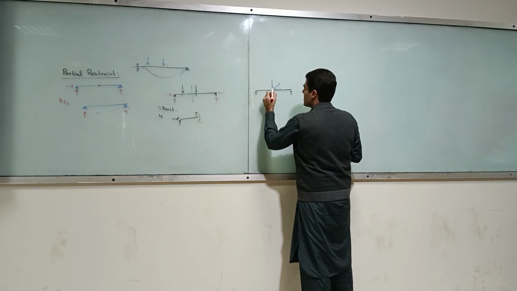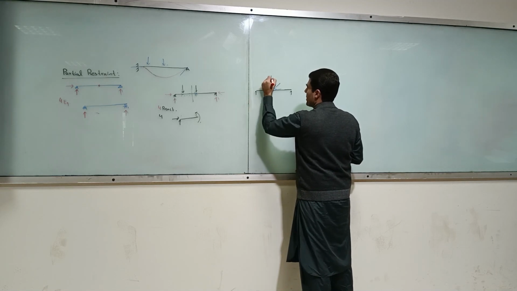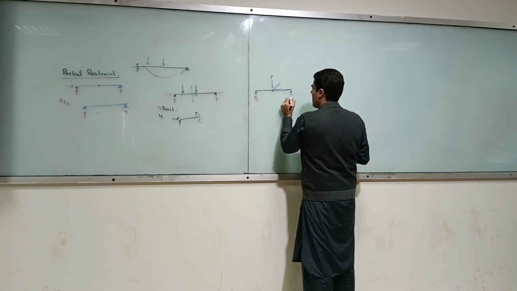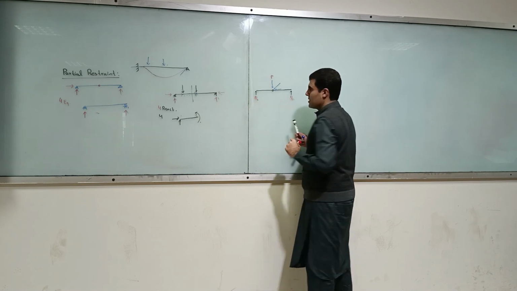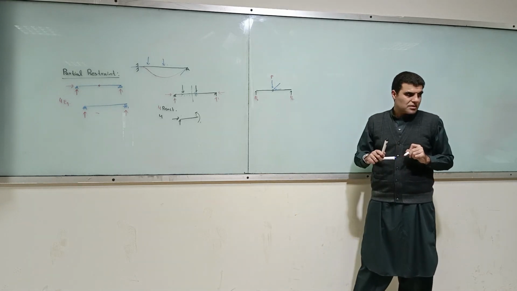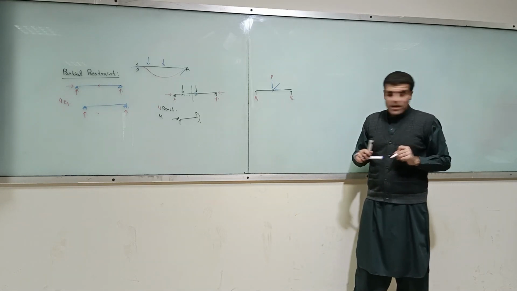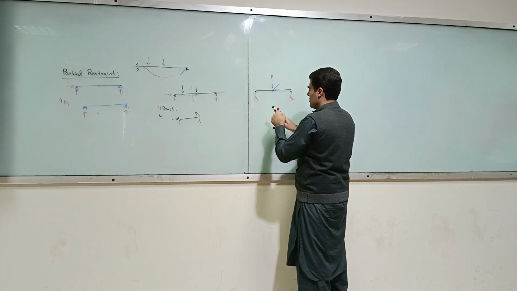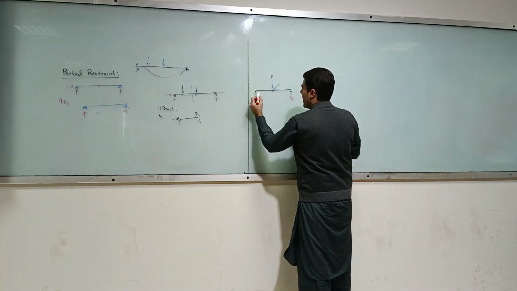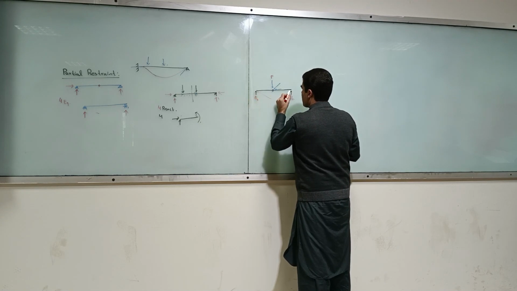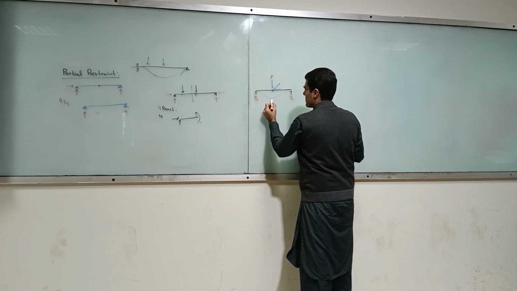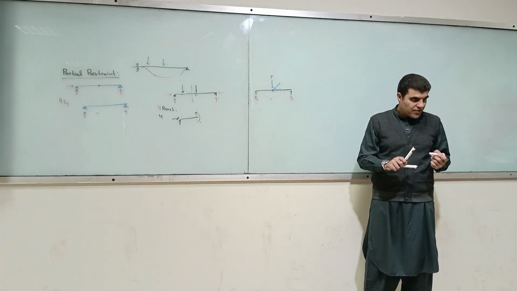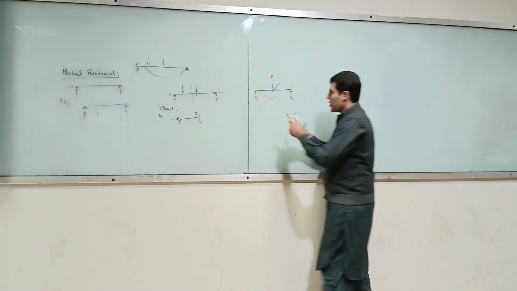So, half of it will go there and half of it will come here. Now, what will happen? The deformed profile will be something like this. This will get deformed.